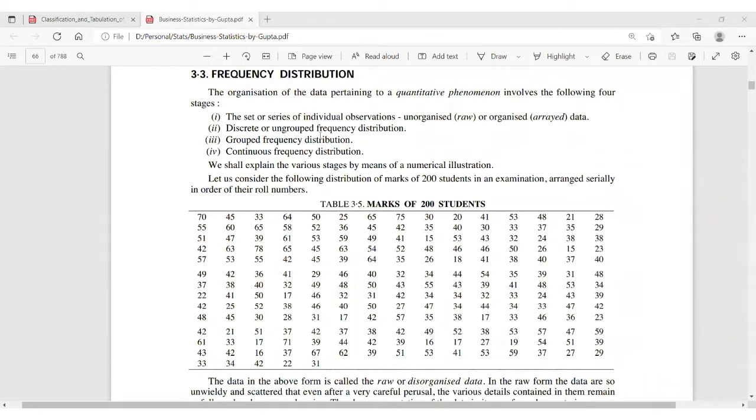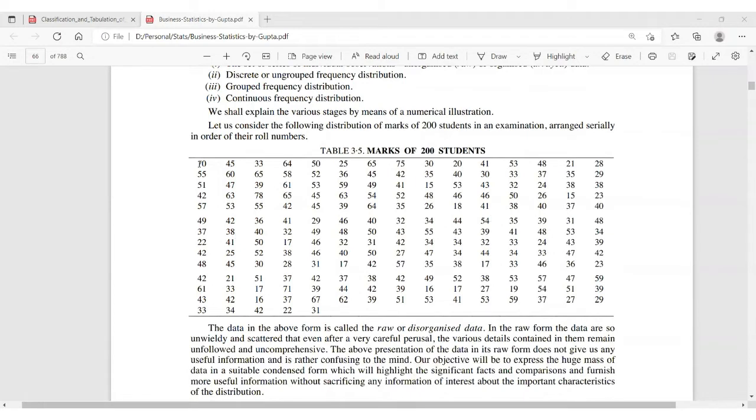Now, see this example. Let us consider the distribution of marks of 200 students in an examination, arranged serially in the order of their roll numbers. For example, roll number 1 got 70, 2 got 45, roll number 30 got 33, 64, 50, and so on.